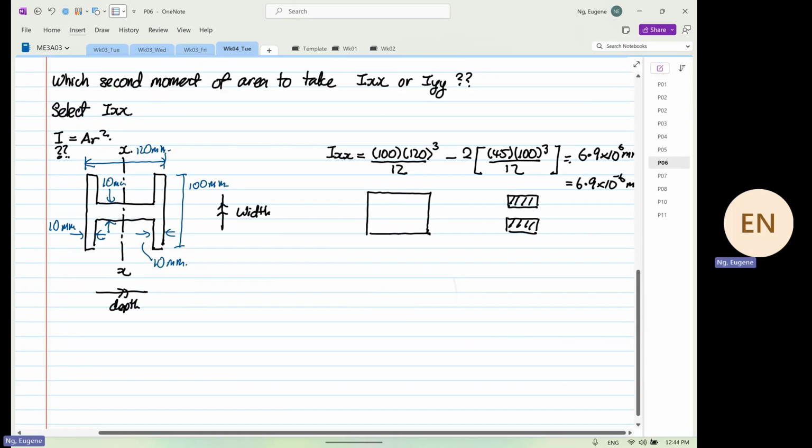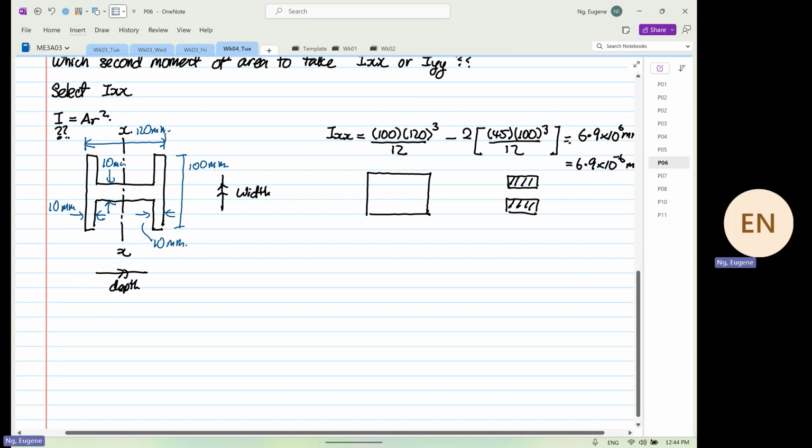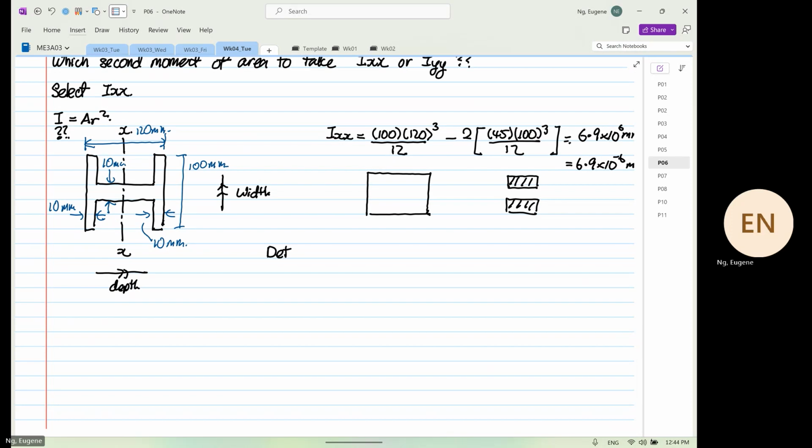So the next thing that we do, we're going to determine the radius of gyration about the x-axis.